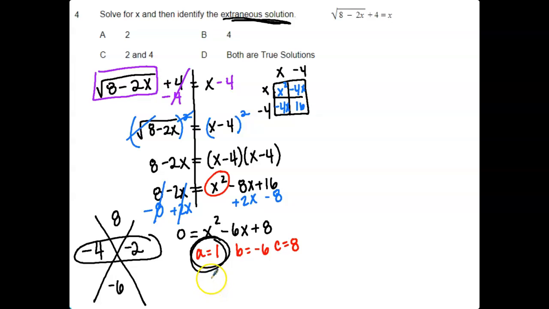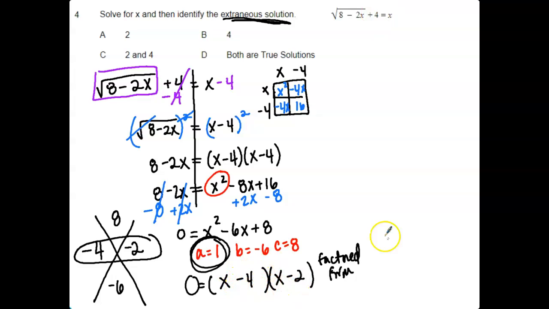Again, there's no GCF, so x parentheses, negative 4, and then negative 2. And again, equal to 0. This is our factored form. I need to get to solutions though, and for solutions, we set each of these equal to 0 and solve for x.